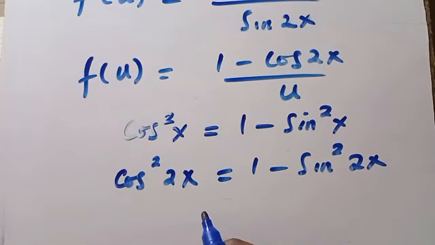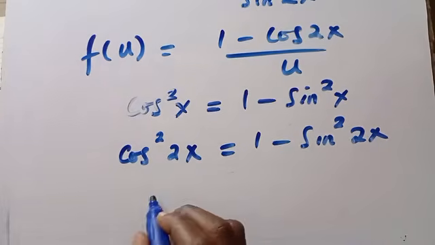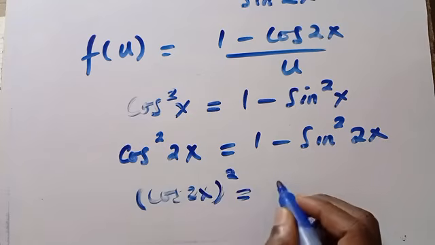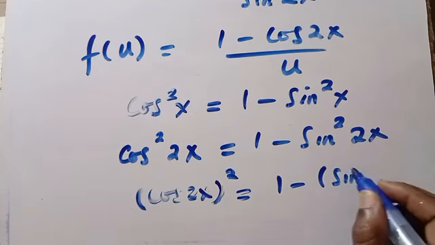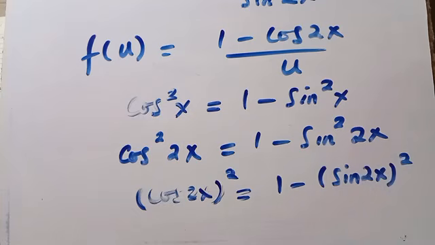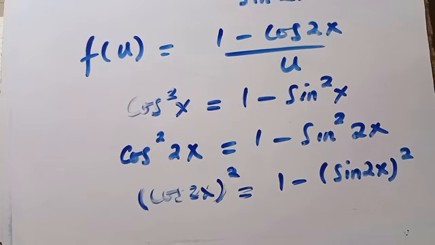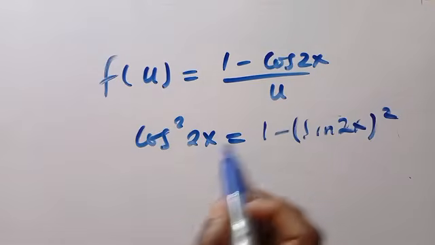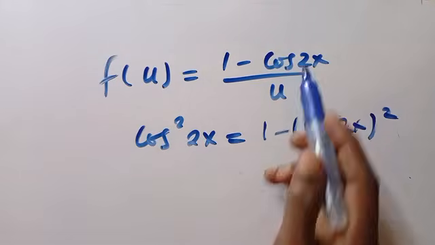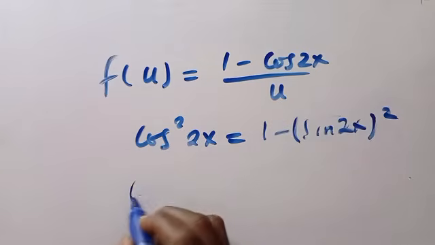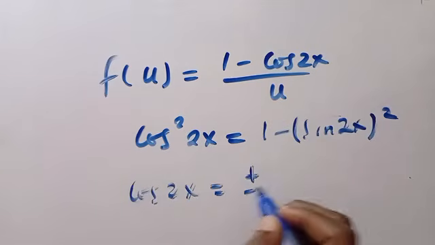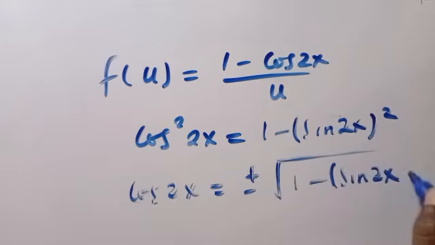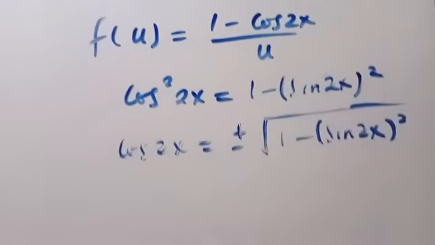So cos 2x equals plus or minus the square root of 1 minus sine squared 2x. So this is what we are going to have.